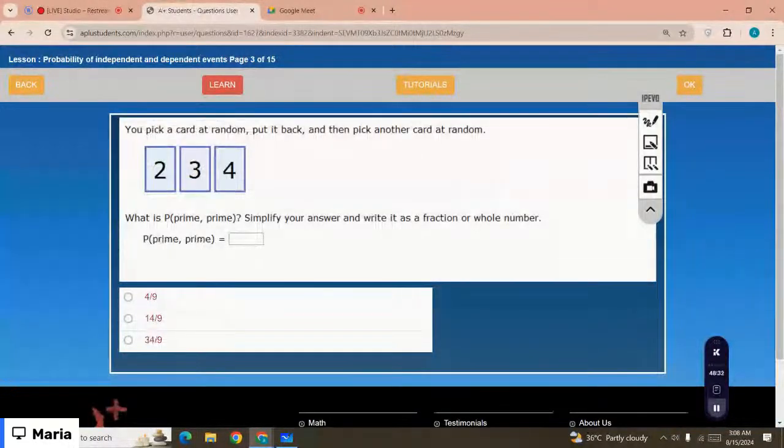You pick a card at random, put it back, and then pick another card at random. What is the probability of prime and prime?